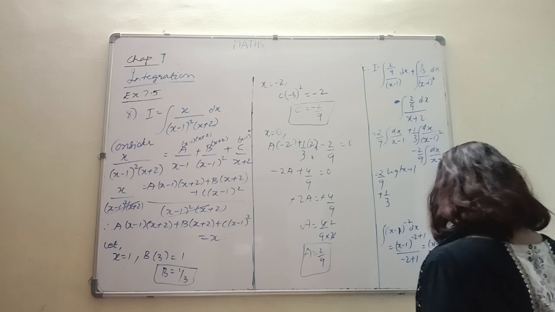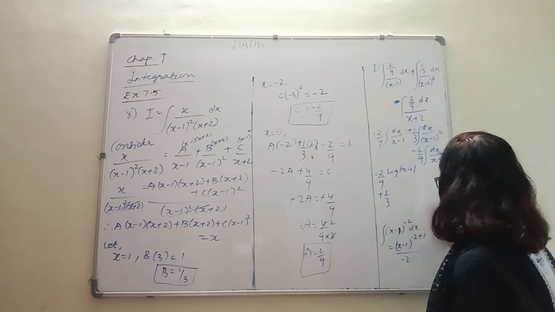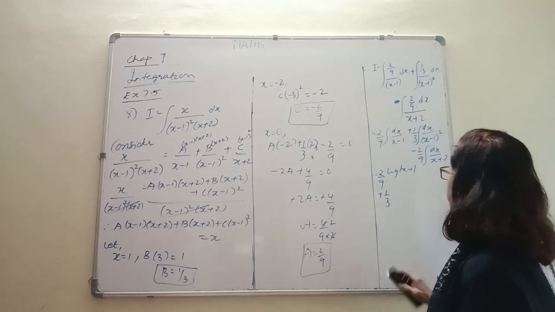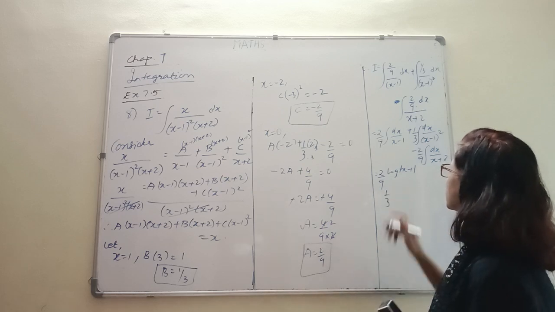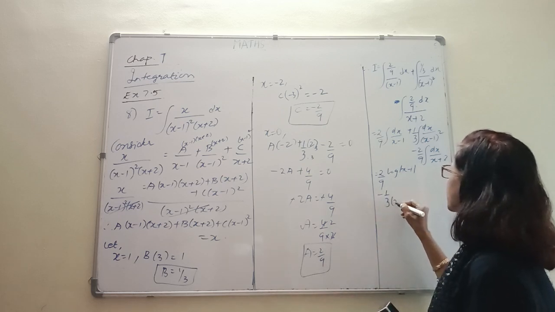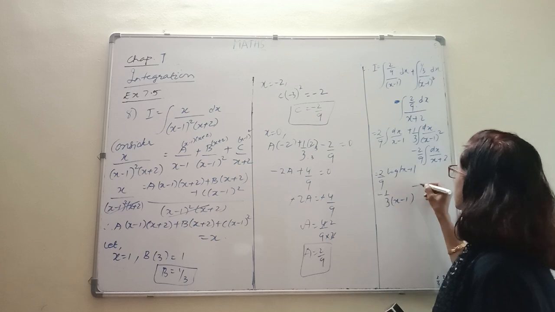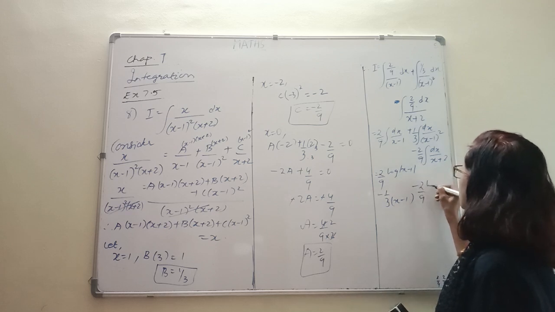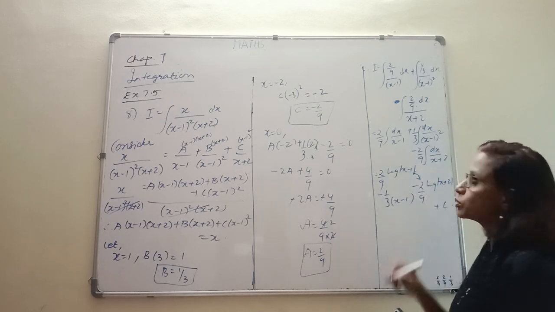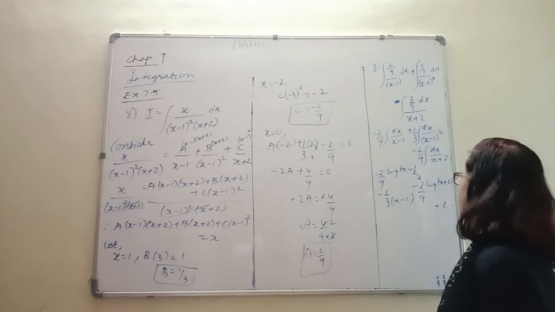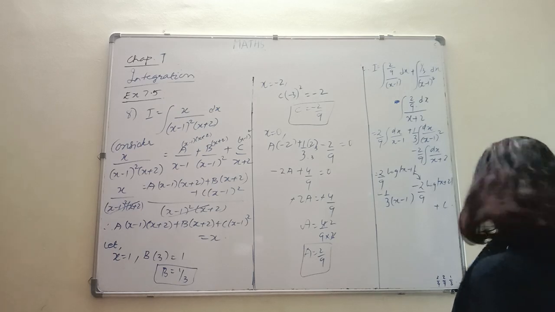So it's negative 1 over x minus 1. So negative sign will be there, 1 over x minus 1. The last term, 2 over 9, is going to be log of x plus 2, plus c. You could club these two terms together because they both have 2 over 9 and write an equivalent answer.